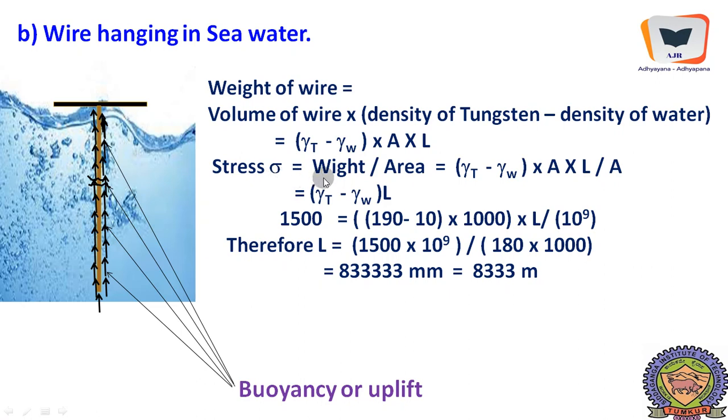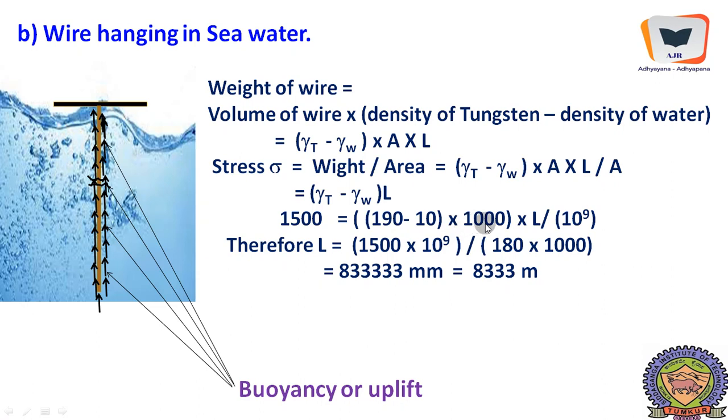Therefore stress equal to weight divided by area. Weight is unit weight of tungsten minus unit weight of water, or density of tungsten minus density of water into area of cross section into length. This will speak of volume divided by area. Area will get cancelled once again, and we will be left with stress equal to 1500 equal to 190 minus 10. 190 that of tungsten and 10 that of water.